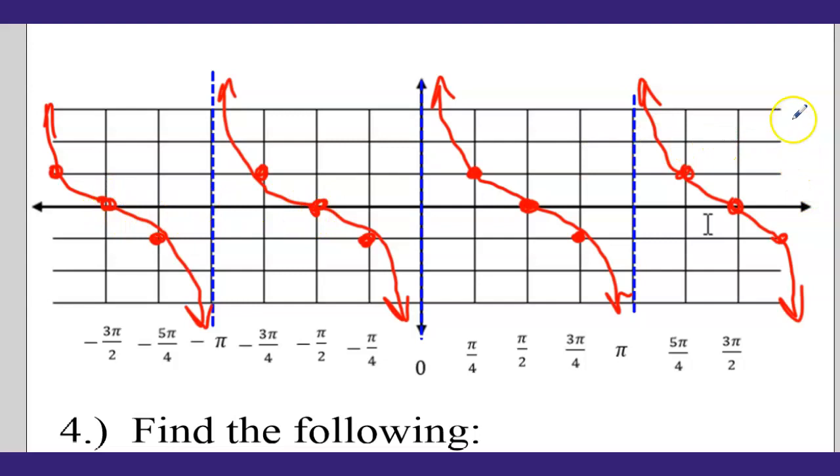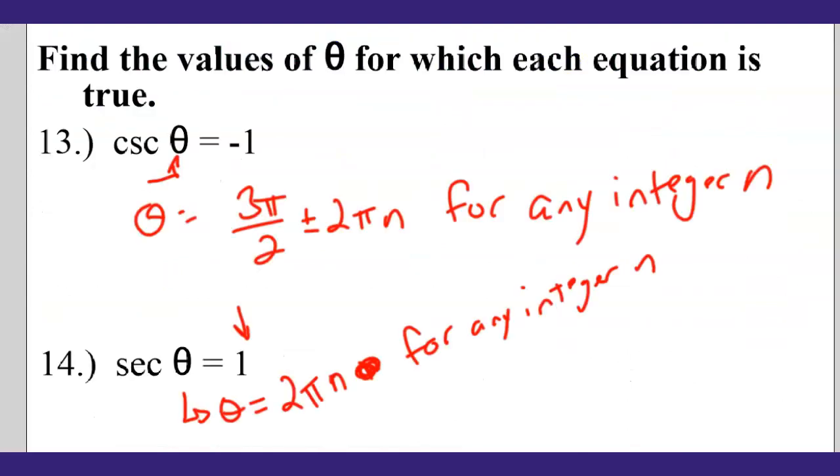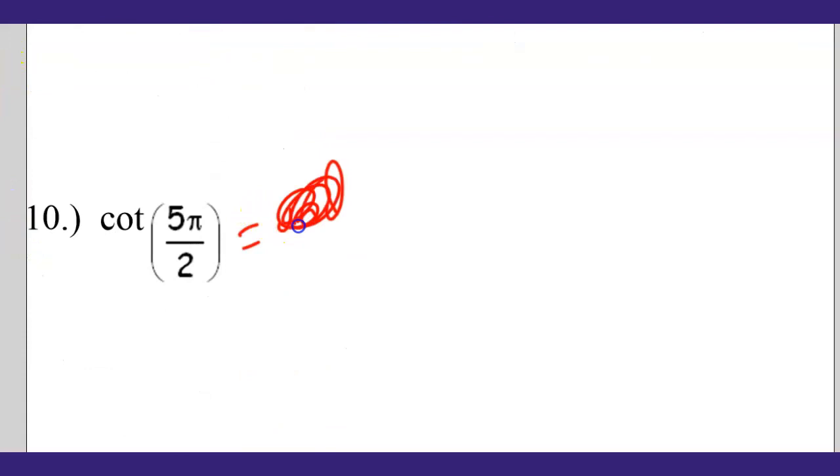So 5 pi over 2 would be no different. 5 pi over 2 would also be 0. Sorry, I was looking at the tangent graph earlier when I made the key. But 0.